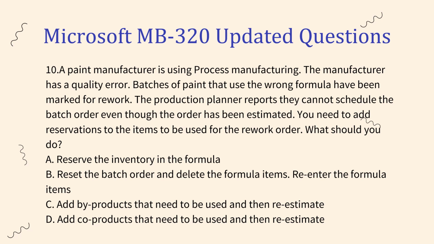What should you do? A. Reserve the inventory in the formula. B. Reset the batch order and delete the formula items. Re-enter the formula items. C. Add byproducts that need to be used and then re-estimate. D. Add co-products that need to be used and then re-estimate.